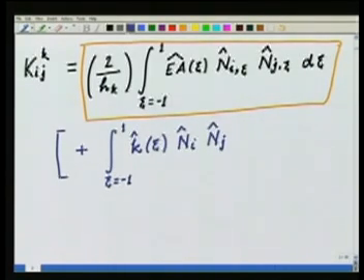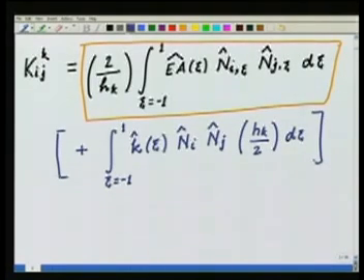Now what do we have? Dx d psi will be hk by 2 d psi. So if I have the elastic support, this extra term also has to be added to the element stiffness matrix entry.